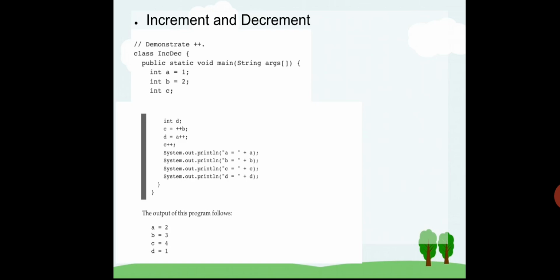How did it become 4? Initially c = ++b we have done there, isn't it? After that, that means 3 is actually stored in c in that code. And after initializing the value to d, then again you have done c++. So that means 3 plus 1, so total 4. So the c value is 4.